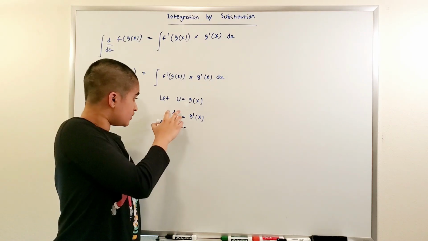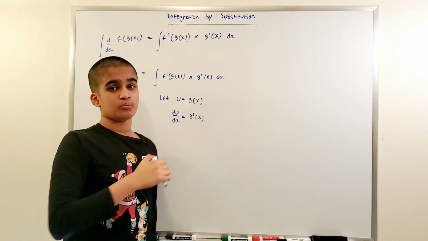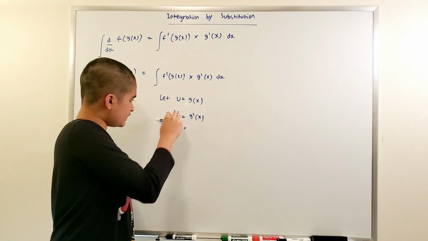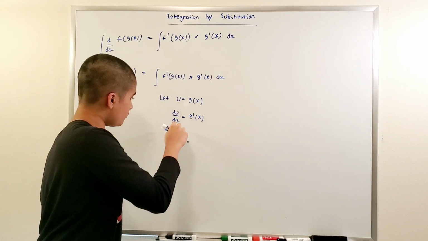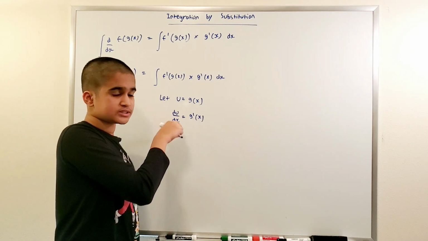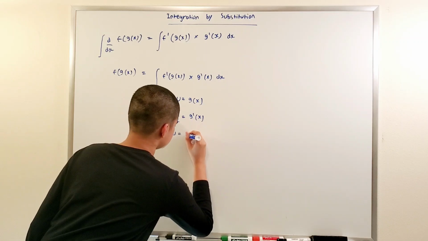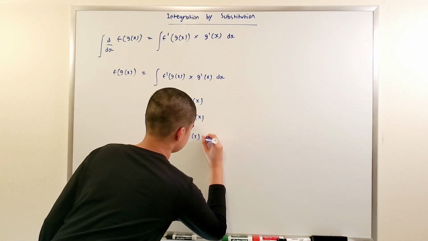Now, since du and dx both represent small changes in u and x, we can treat this like a fraction and multiply by dx on both the sides of the equation to get that du is equal to g dash of x times dx.